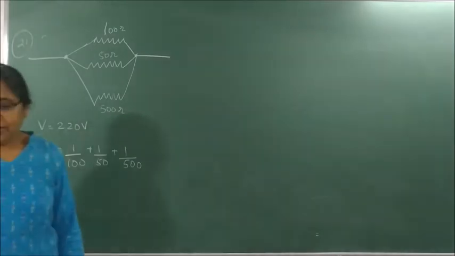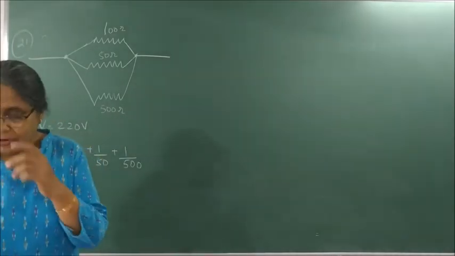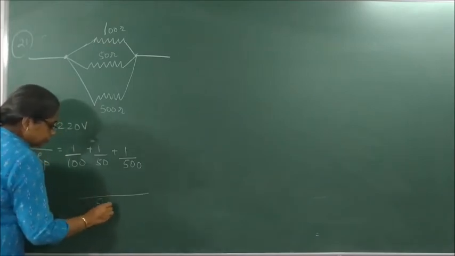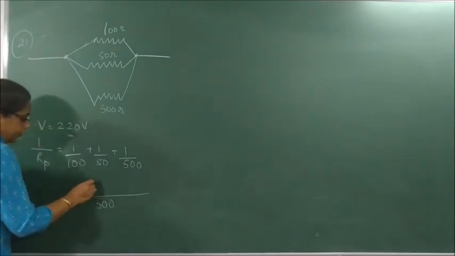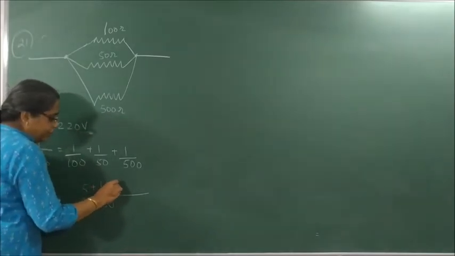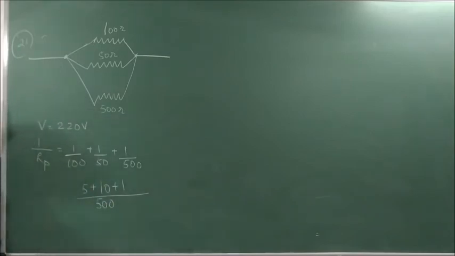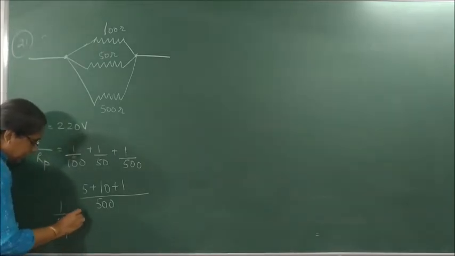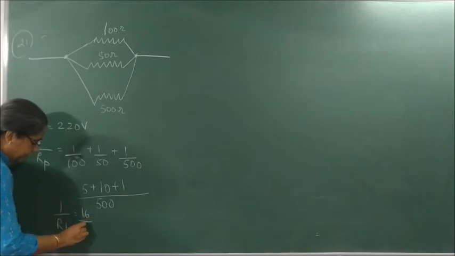Okay, what will be our LCM? 500. So 100 fives are 500, 50 tens are 500, and 500 ones are 500. So 5 plus 10 plus 1 is 16. So you get 1 by Rp is equal to 16 by 500.